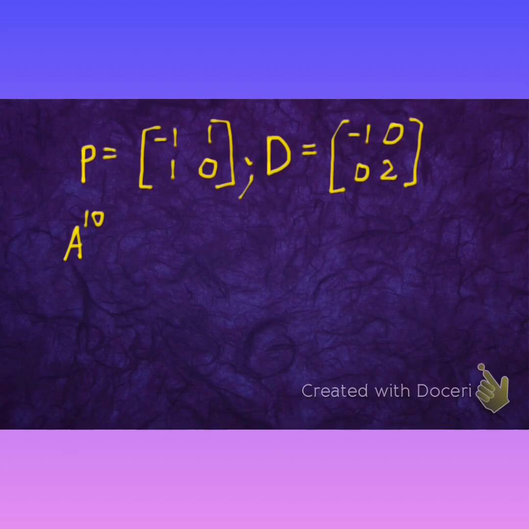So the 10th power of A is going to be: you take that matrix there, then multiply it with the 10th power of that. So it's going to be minus 1 to the power of 10, which is 1, and 2 to the power of 10.